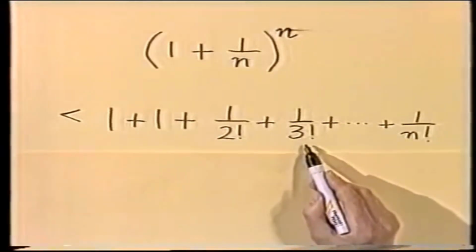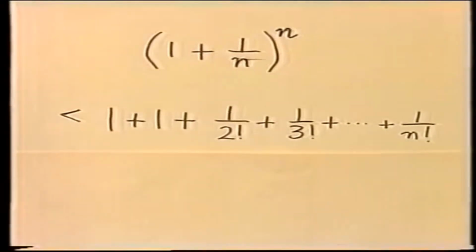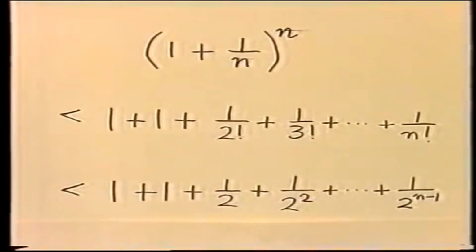And that's certainly less than 1 over 2 times 2, or 1 over 2 squared. In the same way, we can replace each of these denominators by a power of 2. And this is what we get. 1 plus 1 plus 1 over 2 plus 1 over 2 squared, and so on, up to 1 over 2 to the power n minus 1.